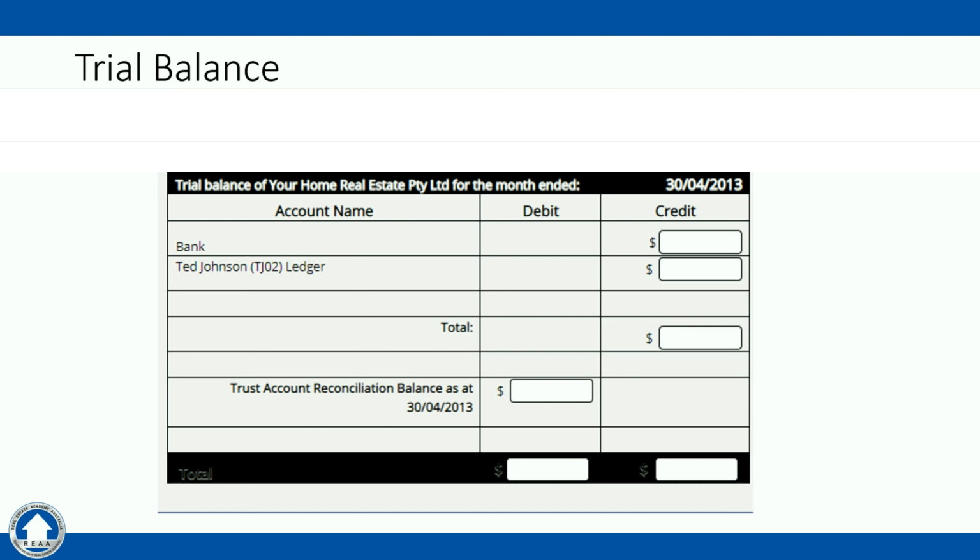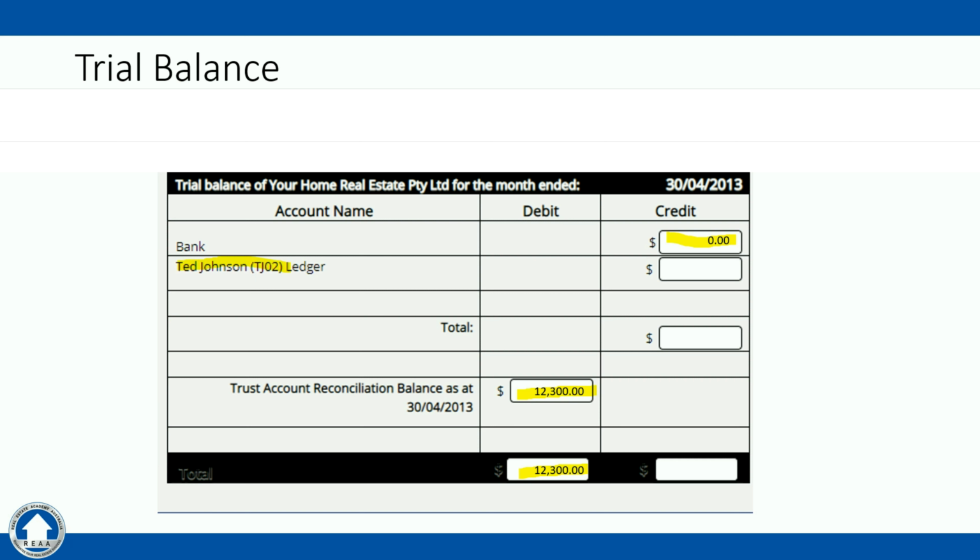If we look at this template, firstly, we would enter in our amount that we had reconciled from our bank reconciliation, which was our $12,300. And of course, the total for that debit column was also going to be $12,300. Over to the credit side, our opening balance for the month was zero, and then we have our Ted Johnson TJ02 as required by the legislation.